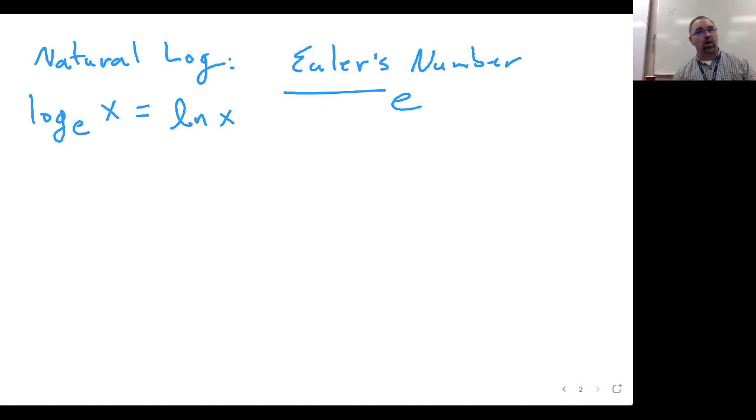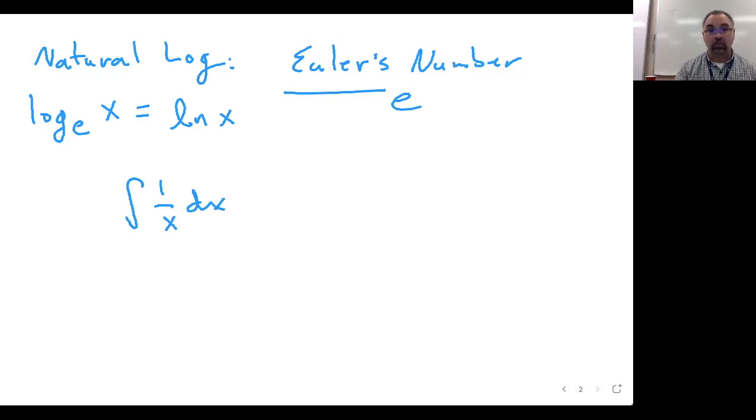Now, where did it come from? Good question. Well, I'm going to introduce you to an integral that heretofore you could not have done: the integral of 1 over x dx. You couldn't do that one, could you?